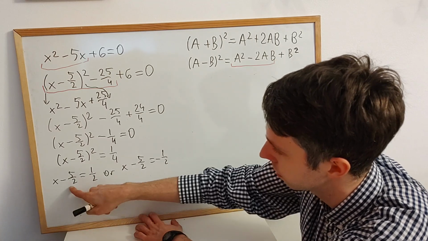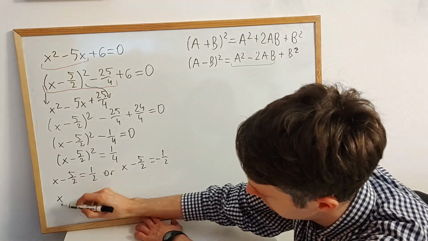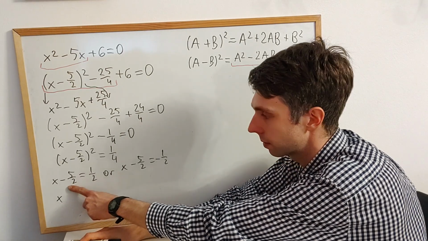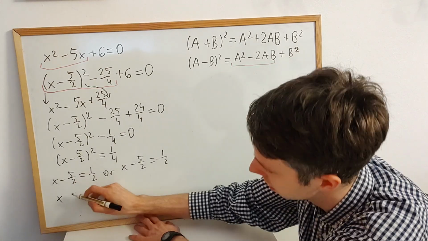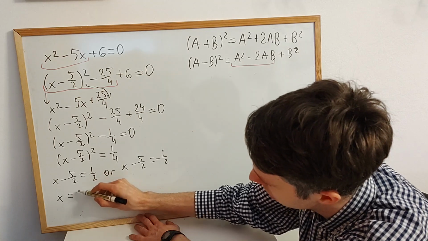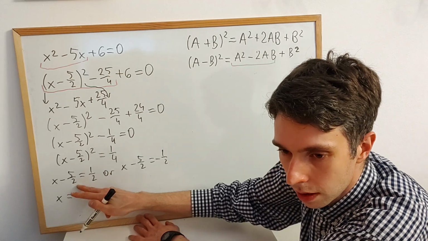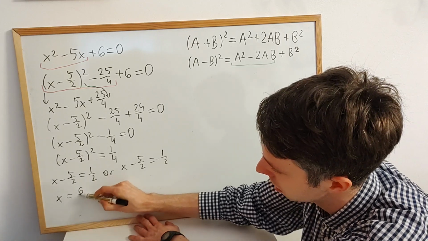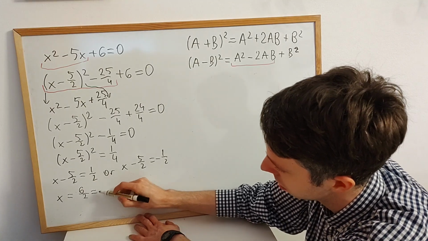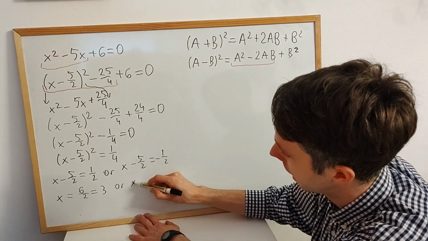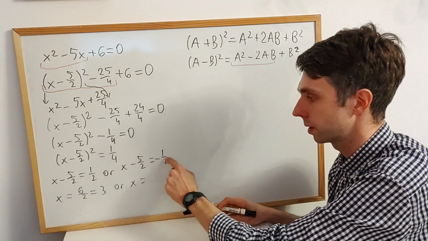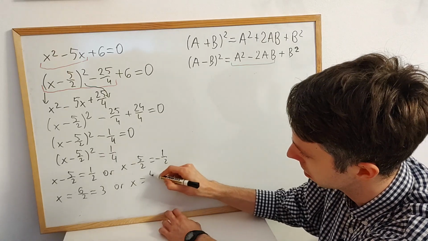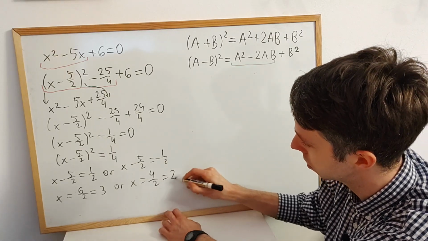So if you solve this, you move minus 5 over 2 to the other side, so you get x equals 5 over 2 plus 1 over 2, so it's 6 over 2, so it's 3, or x equals 5 over 2 minus 1 over 2, so it's 4 over 2, so it's 2.